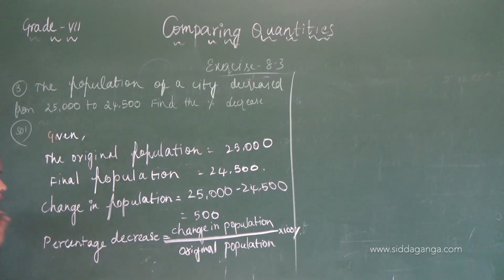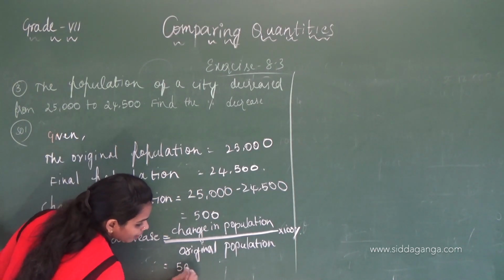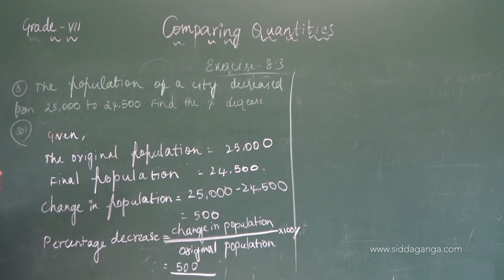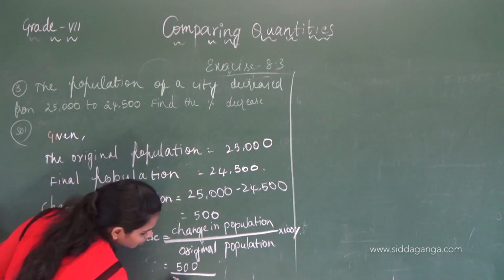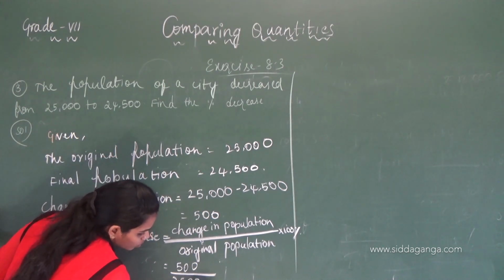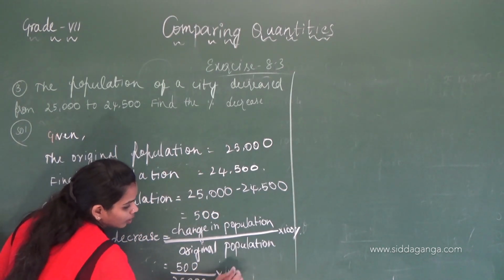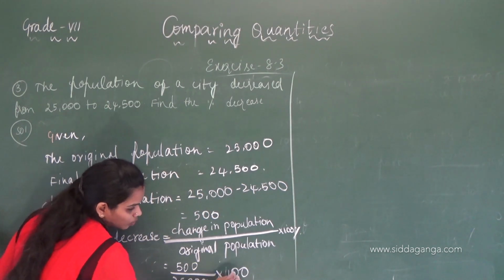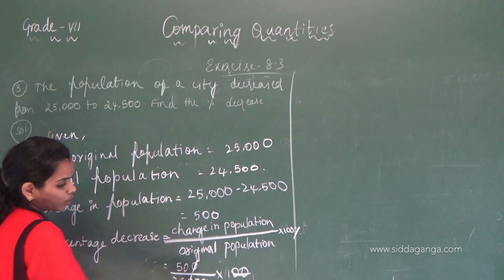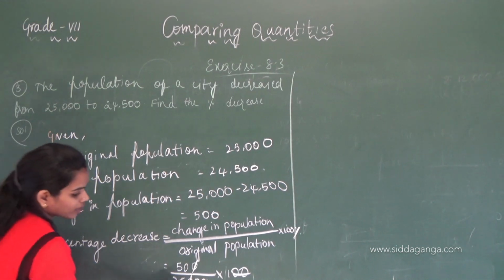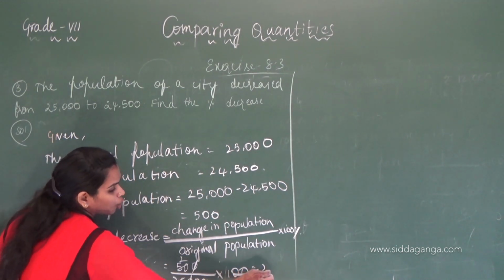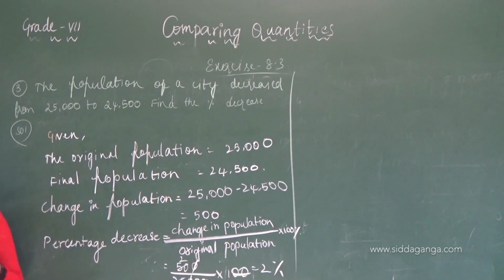What is the change in population? 500 divided by the original population 25,000 into 100. Then 1s are 2s are 2. How much of the population has decreased in that city? 2% of the population.